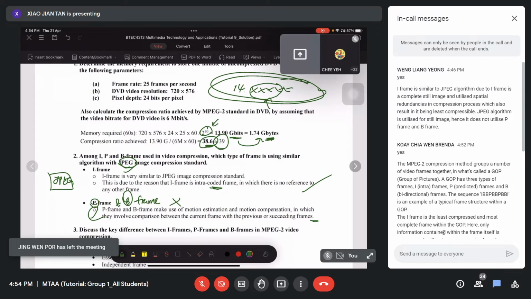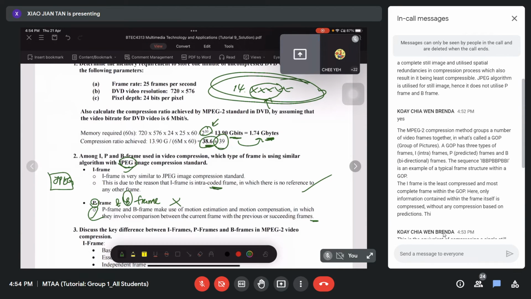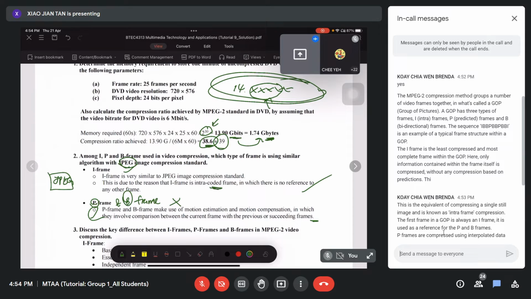The I frame is the least compressed and most complete frame within the GOP. Here, only information contained within the frame itself is compressed, without any compression based on prediction. This is equivalent to compression of a single still image and is known as intra-frame compression. The first frame in the GOP is always compressed as an I frame. P frames are predicted from previous frames. It's important to note that a B frame cannot use another B frame.